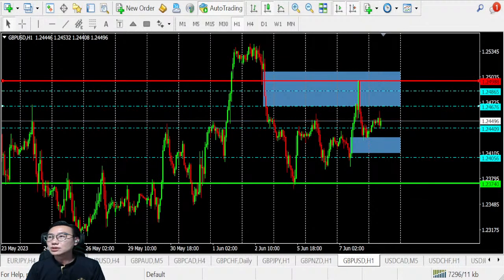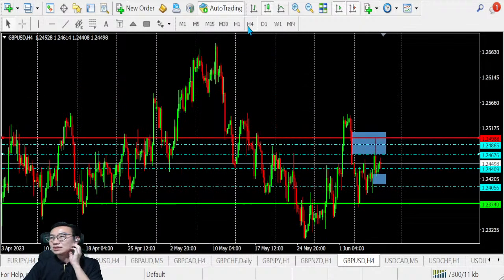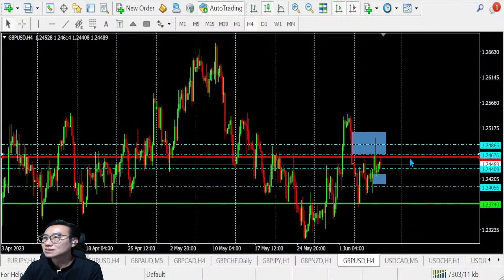So for pound dollar, I'm going to leave this out first, because by looking into this area here, looks like we should be going for a buying, but at the same time, the selling has tested the resistance. The resistance is up here, so it got rejected from the resistance.